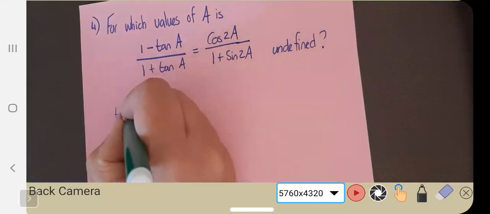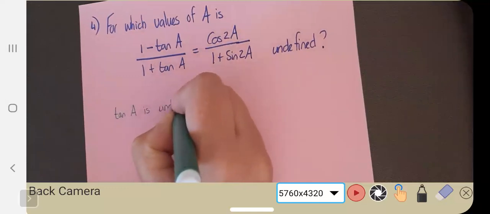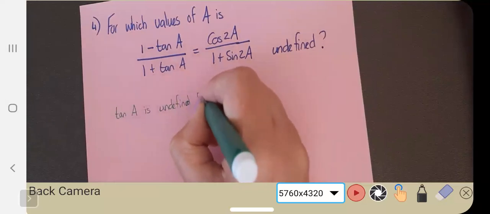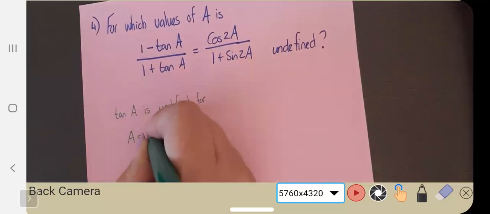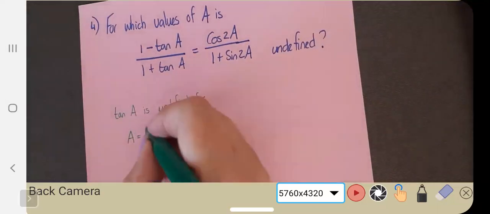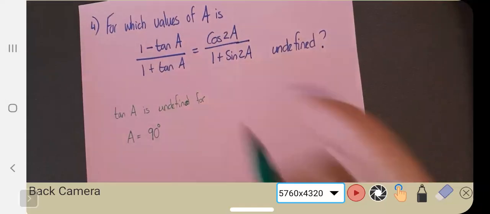Tan A is undefined for A equaling, and we can remember that tan has asymptotes at 90 degrees and every 180 degrees further.